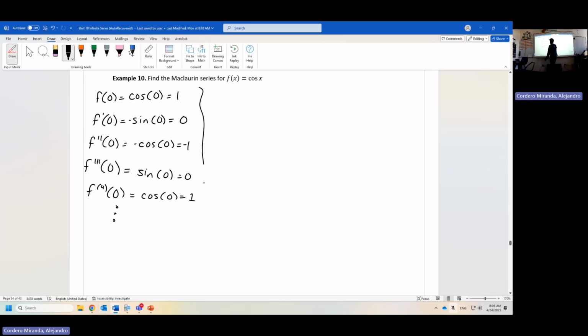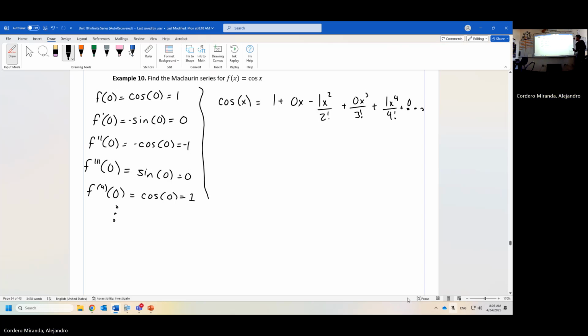So the series would look something like cosine of x equals 1 plus 0x to the first over 1 factorial minus 1 x squared over 2 factorial plus 0x cubed over 3 factorial minus 0, plus 1, sorry, x to the fourth over 4 factorial plus 0, etc. Actually, let me just do dots here. There you go.